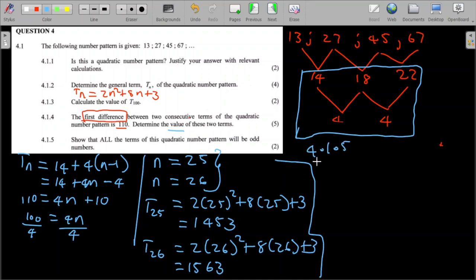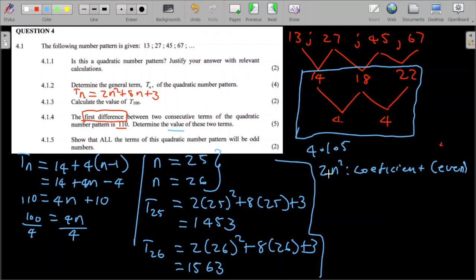4.1.5, they are saying show that all the numbers of this quadratic pattern will be odd numbers. Now I hope you can see in this general term that we have 2n squared, and we can tell that the coefficient of n squared is an even number.